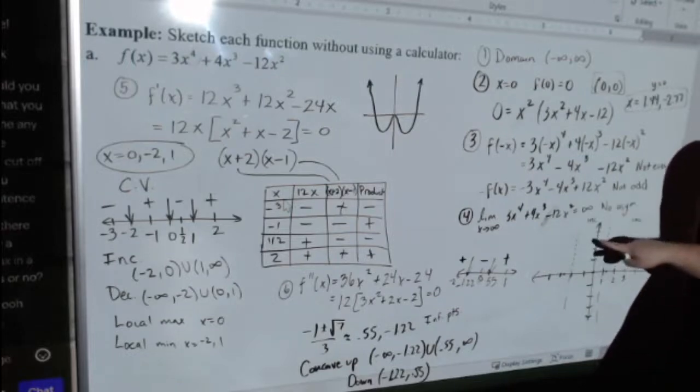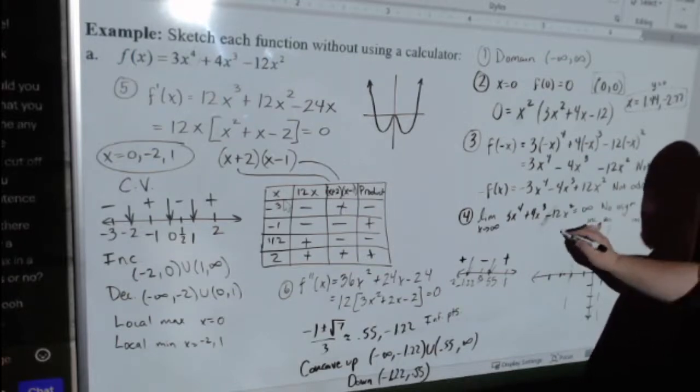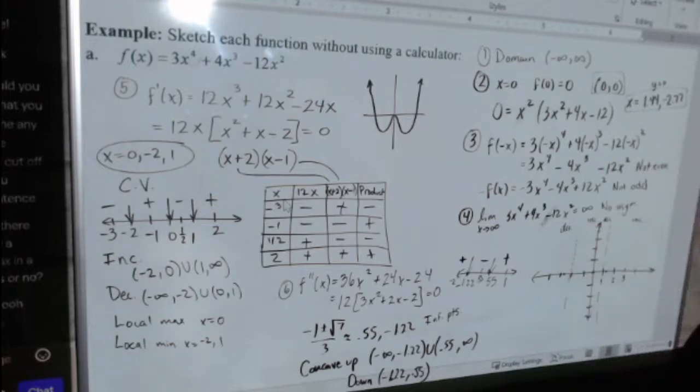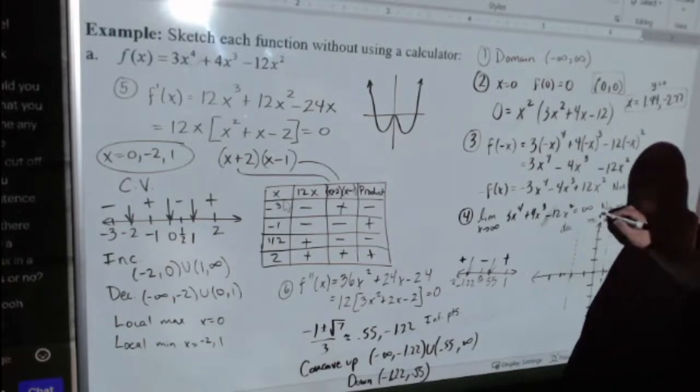So if it's increasing in this region and in this region, it's got to be decreasing here, and it's got to be decreasing here. And then we've got a local max at 0. So it's got to be a max here.